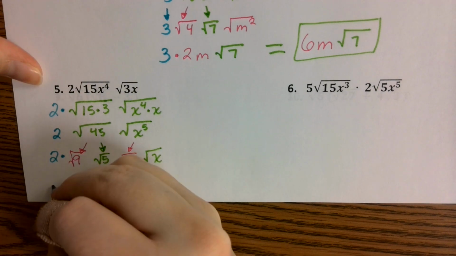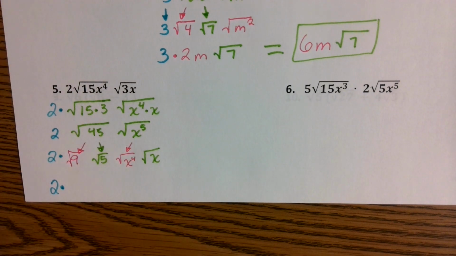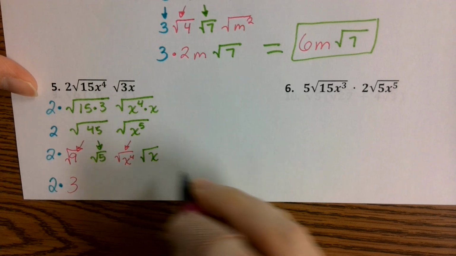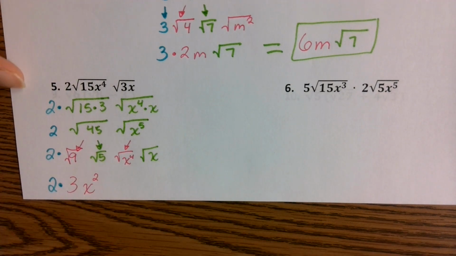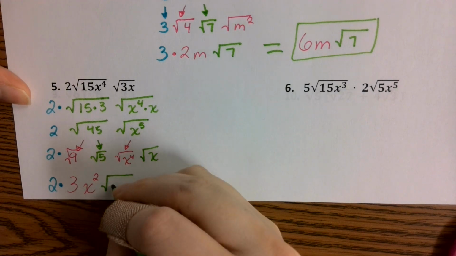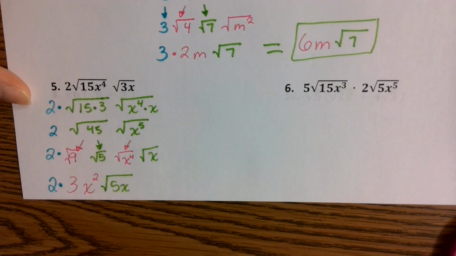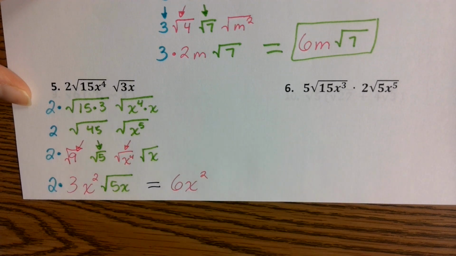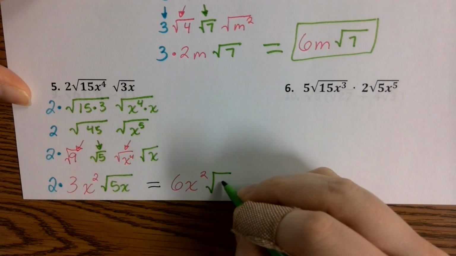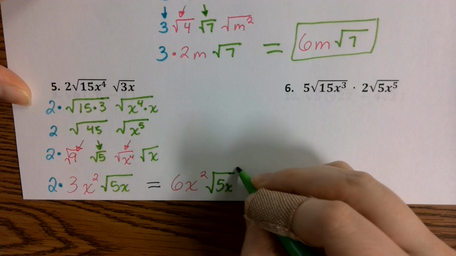Okay, that means that we're going to have 2 times. The square root of 9 is going to give us 3. The square root of x to the 4th gives us x to the 2nd. And then we're left with the square root of 5x inside of the radicals. Once we multiply these coefficients together, that leaves us with 6x squared square root of 5x.